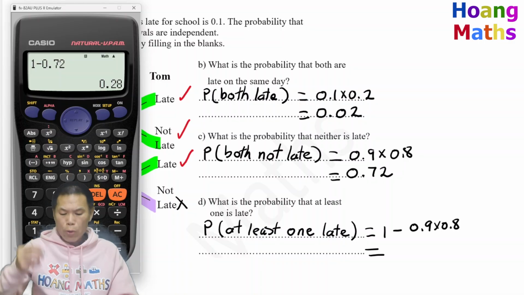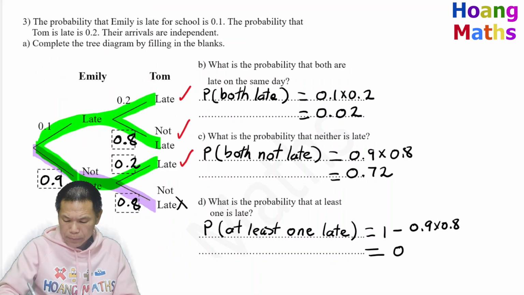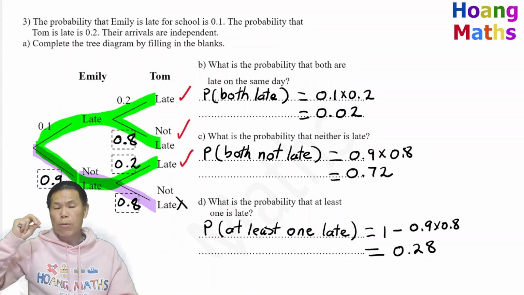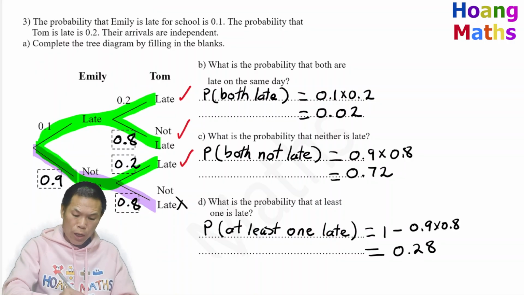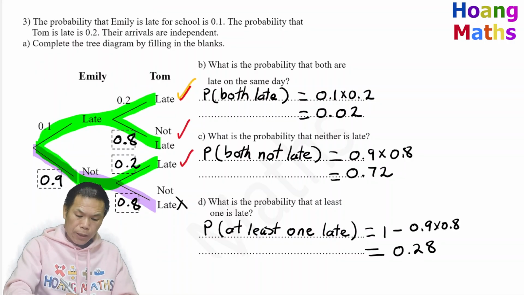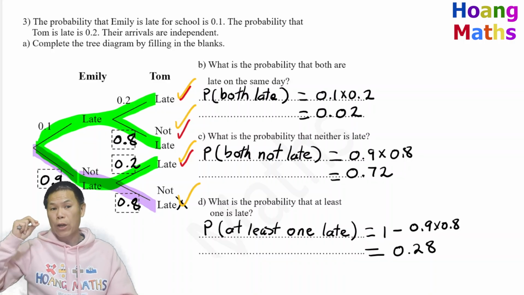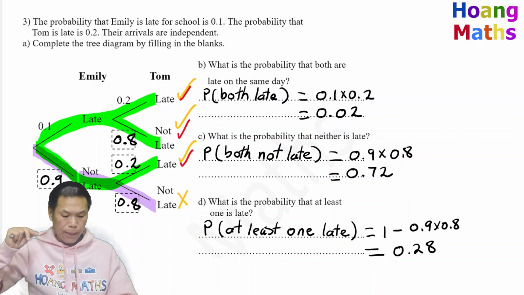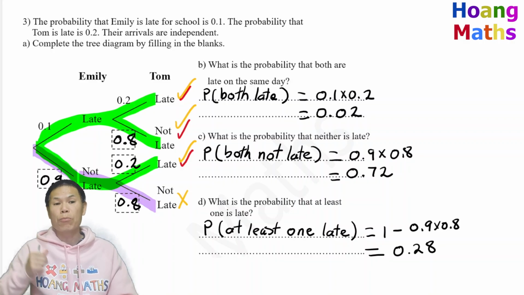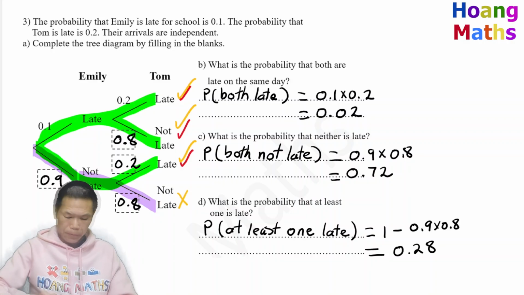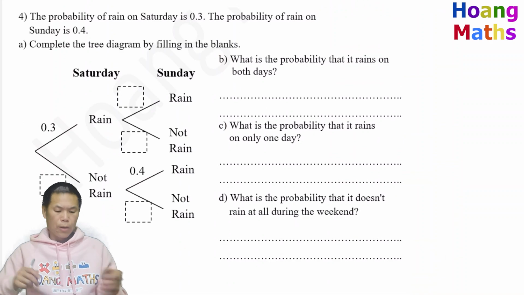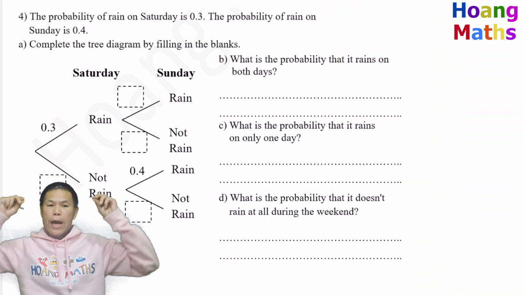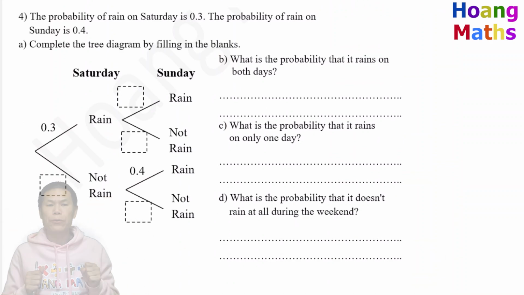So 0.28. So don't forget, because the probabilities add up give me one whole. So if we go this plus this plus this plus this branch will give me one whole. So we do not want this. So that means 1 minus 0.9 times 0.8. Okay, keep that in mind. Please stop the video and try this one yourself.